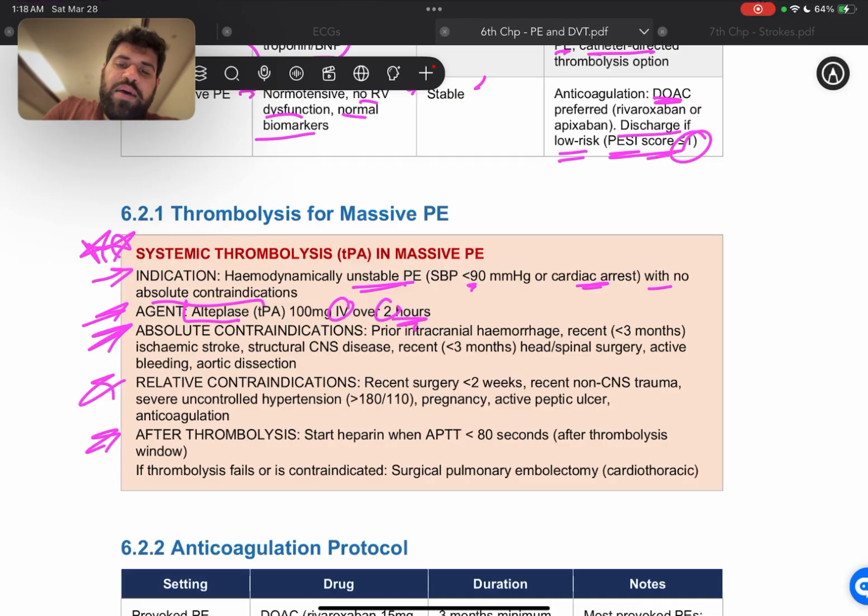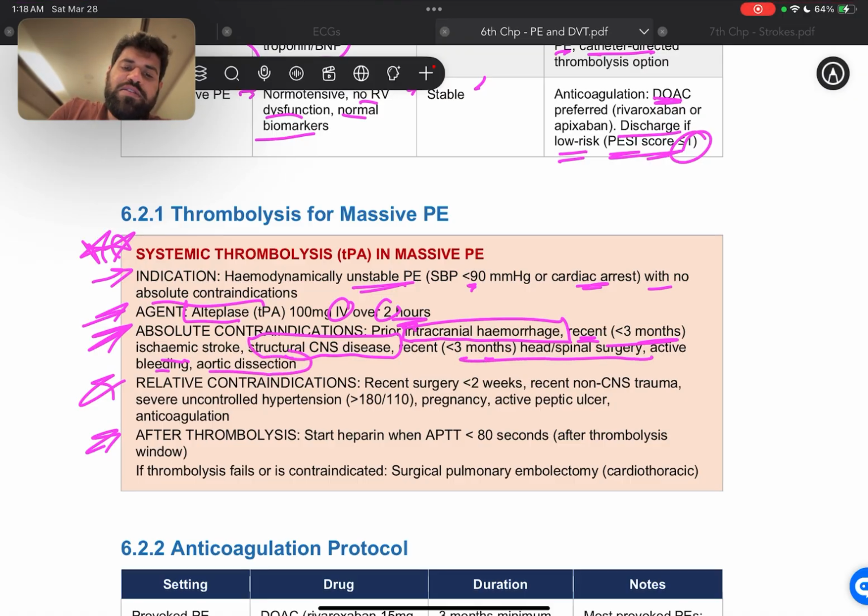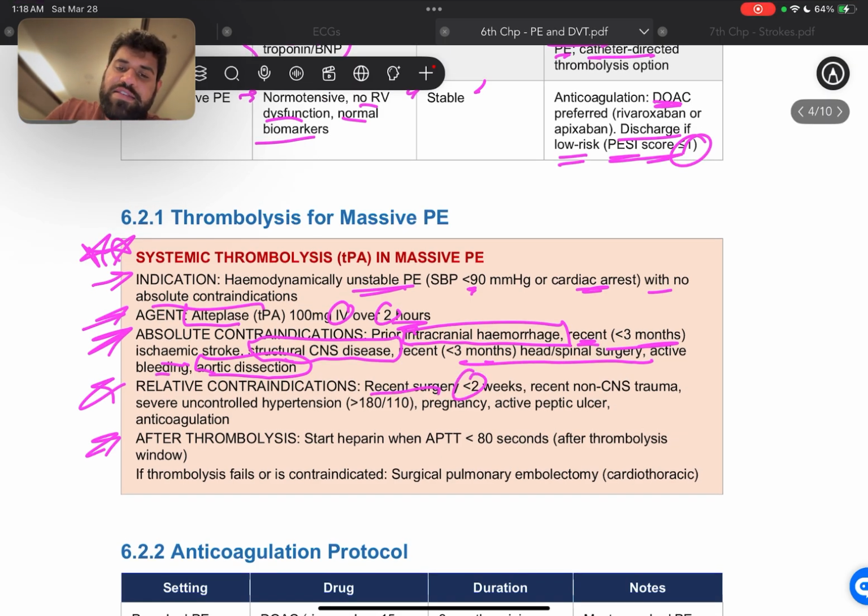All right. Then absolute contraindications are going to be prior intracranial hemorrhage, recent (less than 3 months) ischemic stroke, structural CNS diseases, recent (less than 3 months) head or spinal surgery, active bleeding or aortic dissection. Relative contraindications are recent surgery less than 2 weeks ago, recent non-CNS trauma, severe uncontrolled hypertension, pregnancy, active peptic ulcers, and anticoagulation.